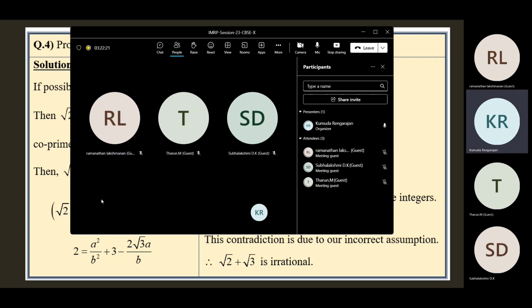A person who's got 99% in his professional degree may not know how to handle a team. But a person who's got 50% in his professional degree, your BE or BTech or whatever you pursue, you might have just scored 50%, but you know how to handle a group of people. So there you will be the winner.